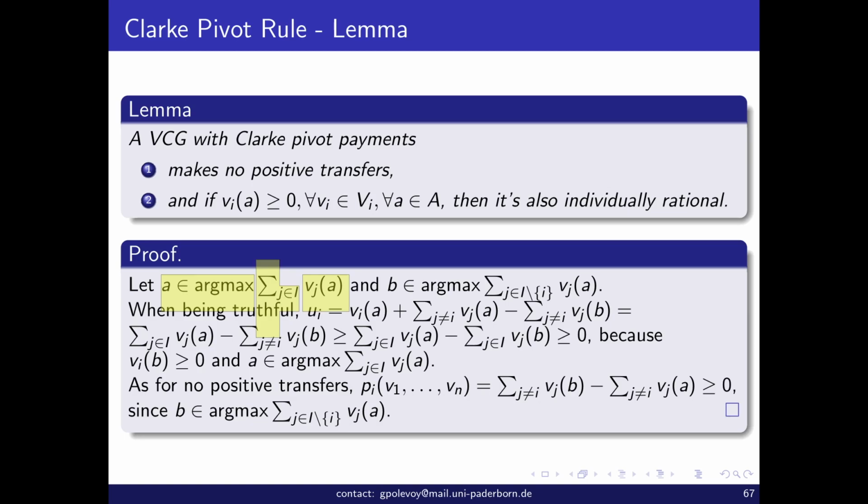And since B is chosen to optimize what the others feel according to what they tell, that's non-negative. So again, no positive transfers.